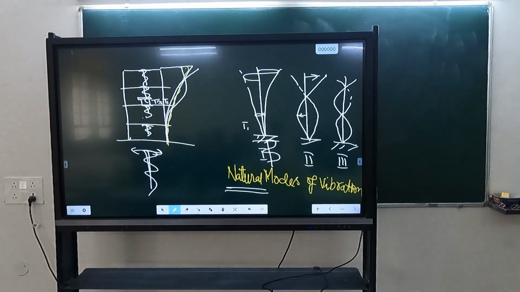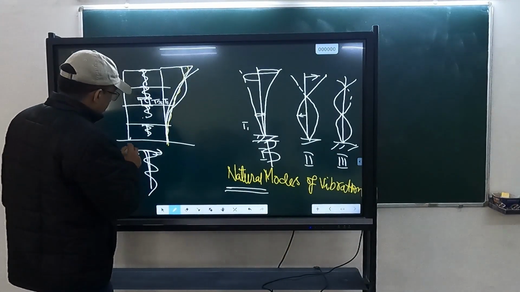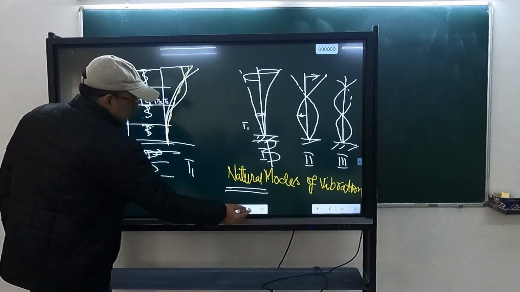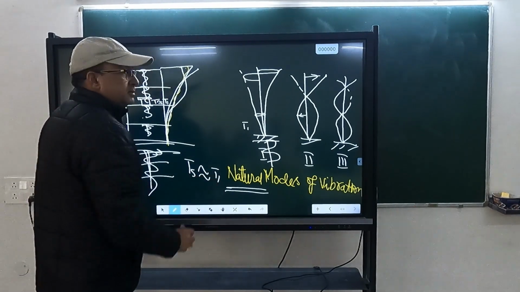And by chance, if the period of the soil is also close to T1, what will happen?